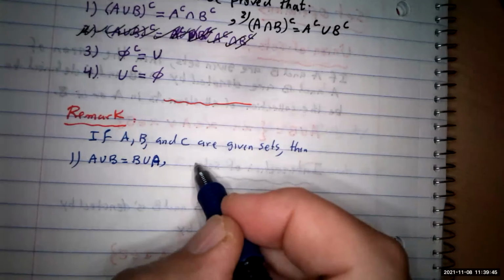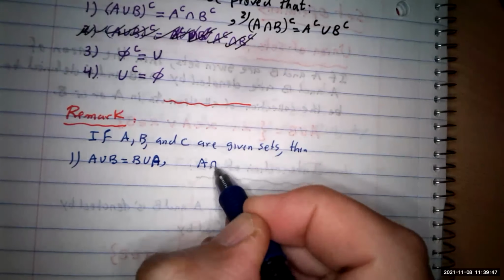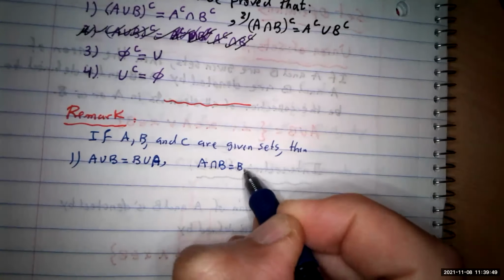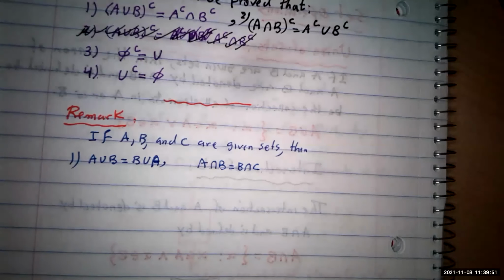And for the intersection, it's going to be the same thing. A intersect B is equal to B intersect A. Similar to the one that we did before. And you can list all the others.